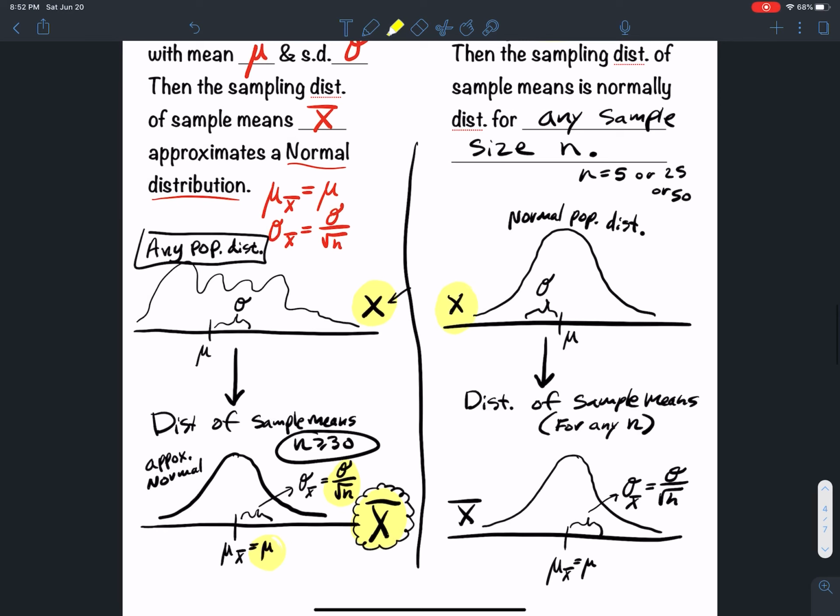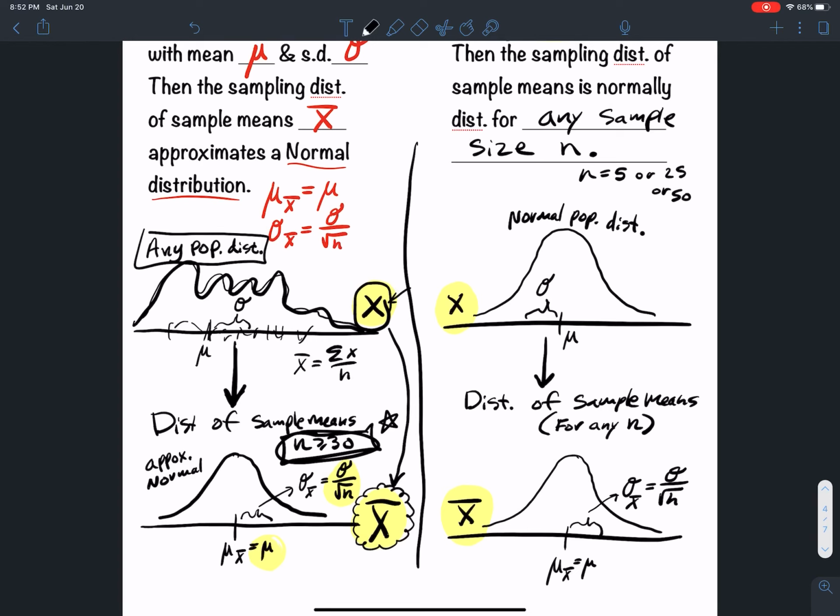So here are my two options. I either need to be drawing n greater than or equal to 30, and then it doesn't matter what my population looks like. It can be the weirdest looking population, whatever. But if I draw greater than or equal to 30, and I take the averages of that sample, so say I pick out 30 or more x values and I take the average of those x values, right?